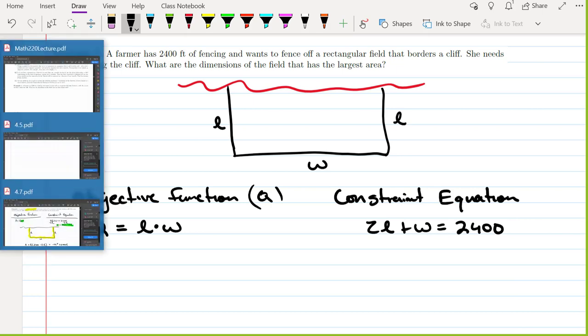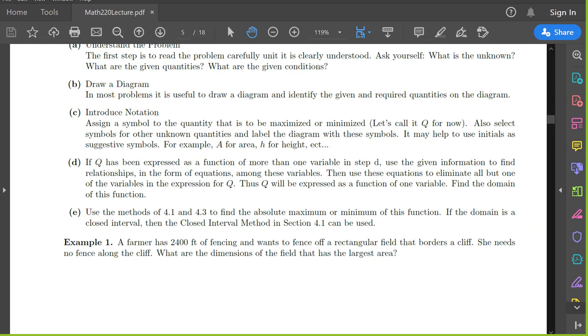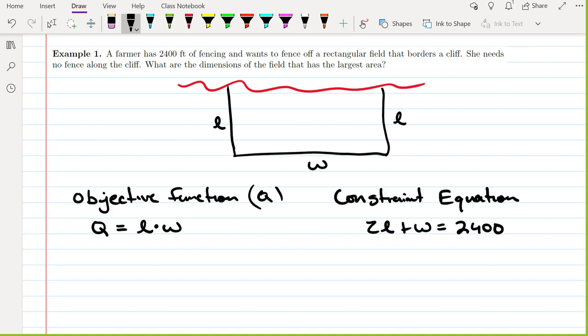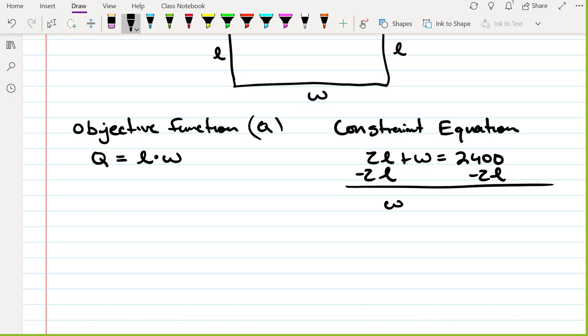All right, so now we have our objective function and we have our constraint equation. We have our diagram, and then we have Q expressed as a function of both L and W. So what we need to do is solve our constraint equation for one of these two variables and substitute it into the other. In this case, I'm going to solve for W. You will get the same answer in the end if you solve for L, it doesn't matter.